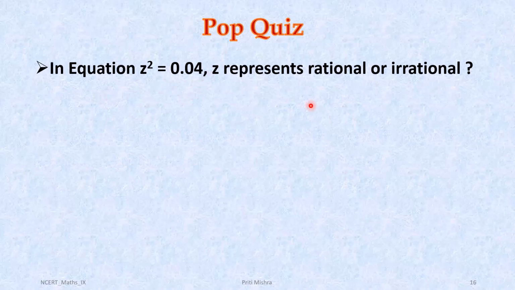Find out your answer and match it with my answer. So the answer is a rational number. Why? Because you can write z is equal to square root of 4 upon 100, which will give us 2 upon 10. 2 by 10 is a rational number.